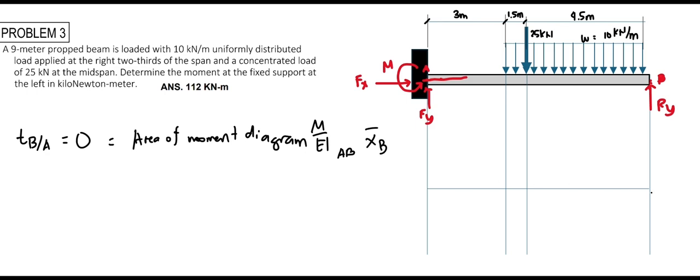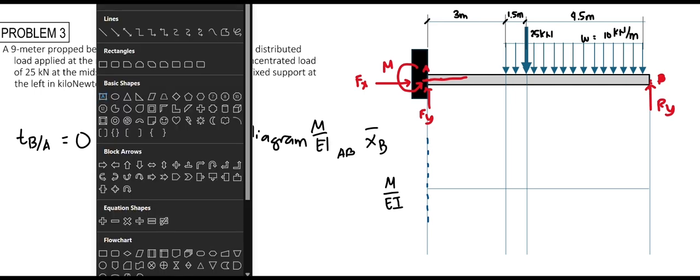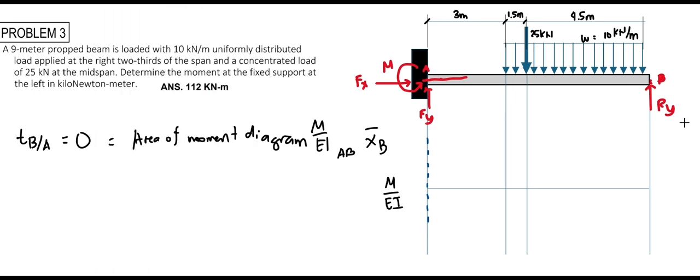So we construct here our moment diagram by parts in reference to this point A, so that we can neglect the moment induced by these three unknown reactions. Starting at point B, the reaction Ry will induce a moment at point A equal to Ry times the moment arm distance of 9 meters.